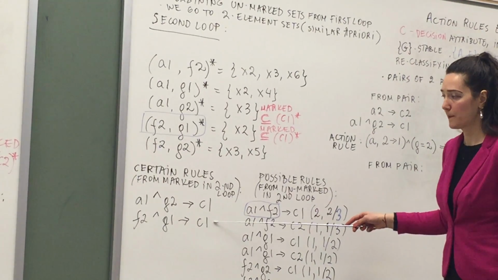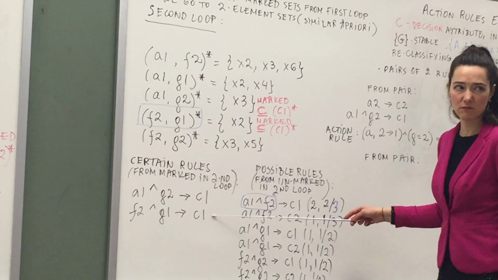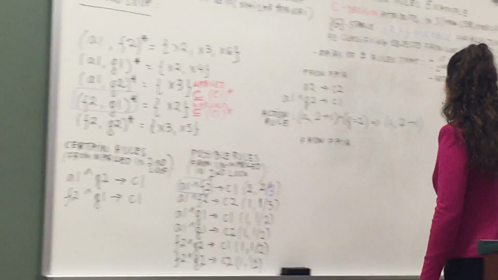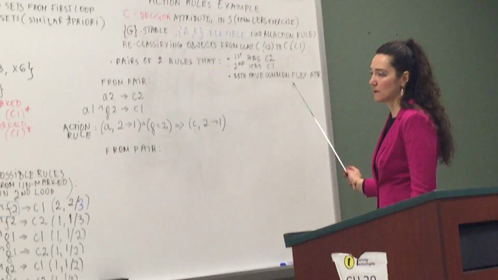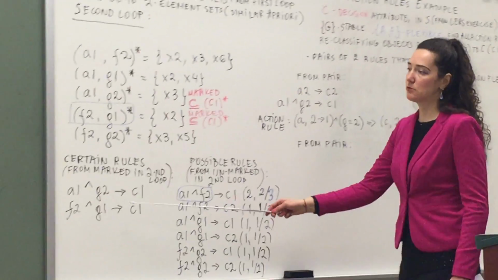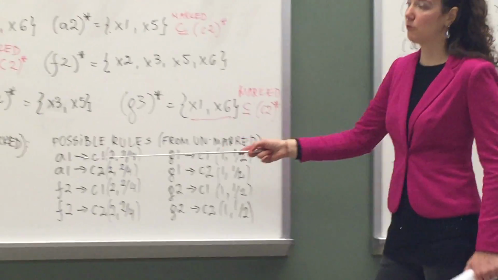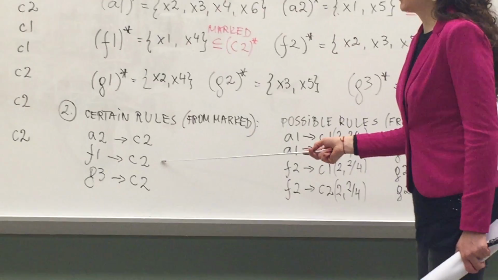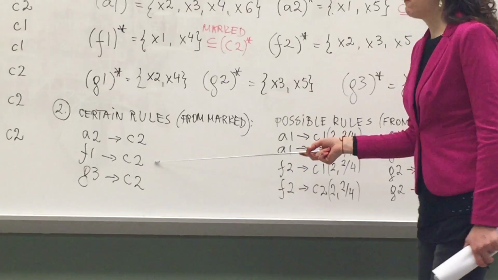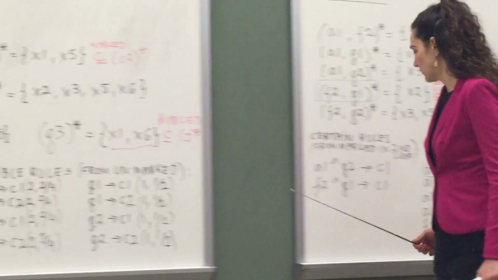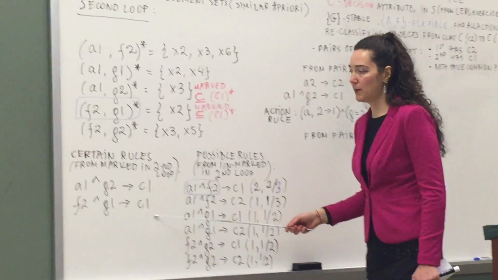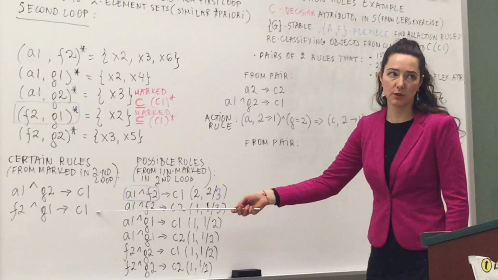With this one? No, because it has no common attribute. This one has F and G, this one only has A, so it's not going to work. This one has a common attribute: F1 implies C2, F2 and G1 implies C1. We could use that pair.